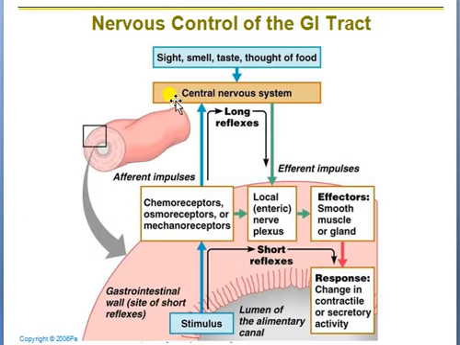See, so how the nervous control works. If you see any food material, a smell, a taste, or the thought of food, it directly stimulates the central nervous system, then directly stimulates the local enteric nerve plexus and affects the smooth muscle or gland, and the response is a change in the contractile or secretory activity, either contraction or secretory.